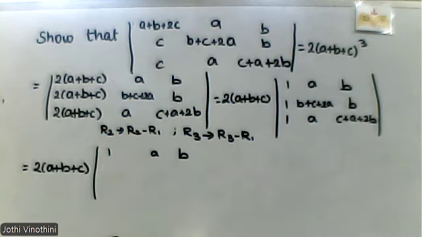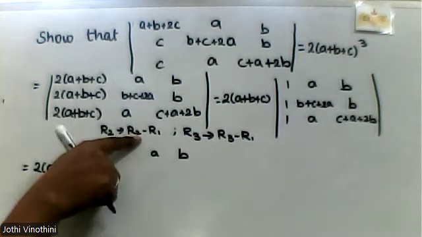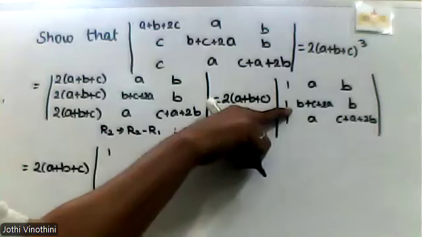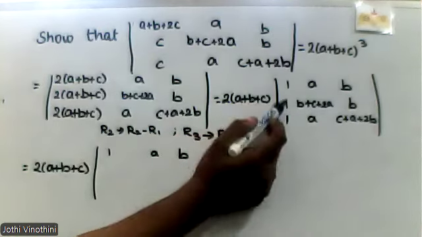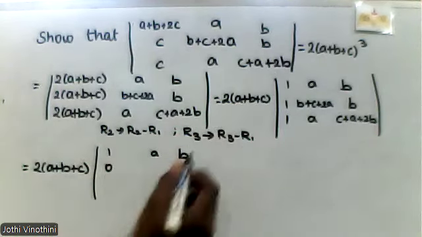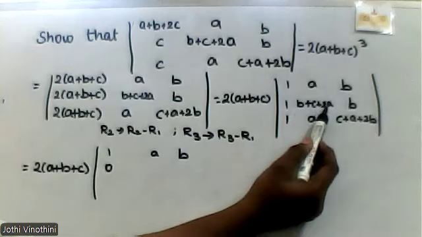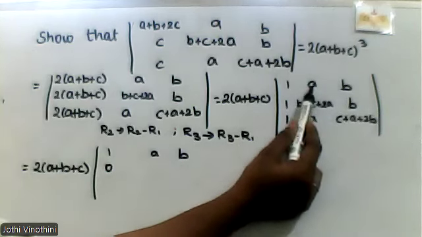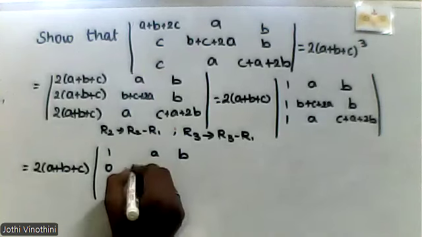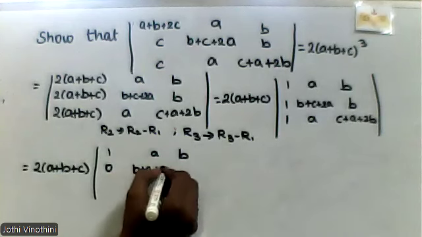Row 2 is row 2 minus row 1. The first element: 1 minus 1 is 0. In the second place, b plus c plus 2a minus a, 2a minus a gives a, so it is b plus c plus a.